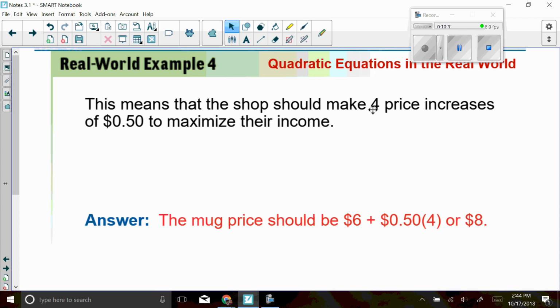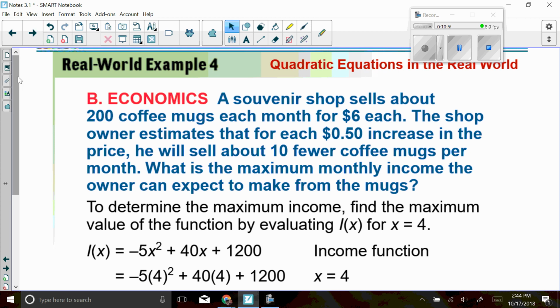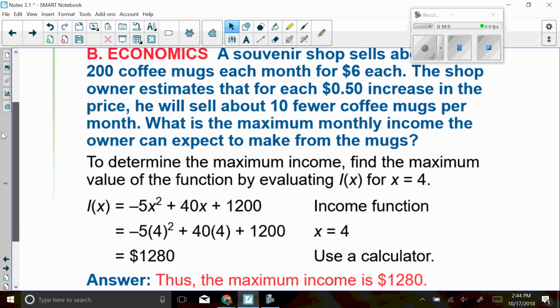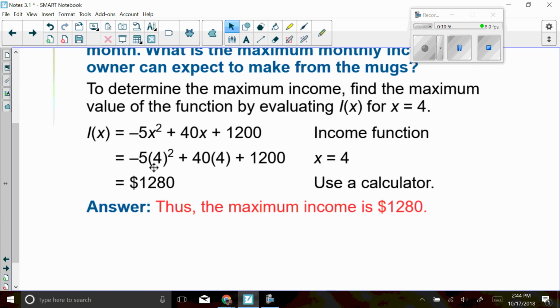That means we are making 4 price increases of 50 cents to maximize income. 4 times 50 cents is $2, so the mug price should be $8 total, for each individual mug. So how much are we making overall? Well, we put 4 into our formula, and we get a max income of $12.80. So that is it for 3.1.